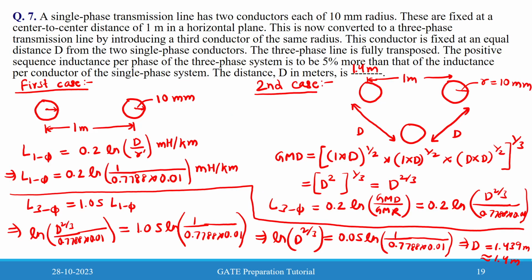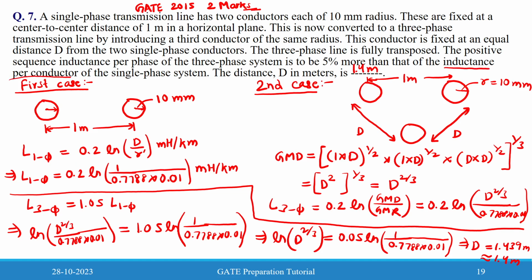And now this problem was asked in, I think, GATE 2015 only, and it is for 2 marks. It is a little bit calculative, but you can calculate. In this question, there is a relation given between the inductance for a single phase system and a three phase system. If you see in this question, it is mentioned the inductance per conductor of the single phase system.